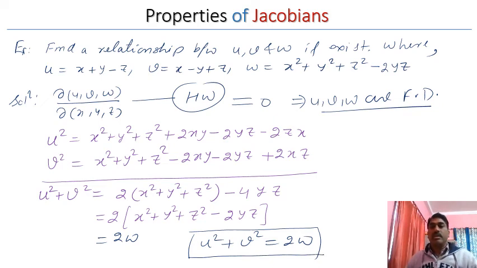So as a concluding remark, we decide if the functions have some relationship, and this is done by means of the Jacobian. If the Jacobian of some functions with respect to their variables is 0, then the functions are surely dependent, meaning they make some functional relationship, and we only decide this with the help of the Jacobian.